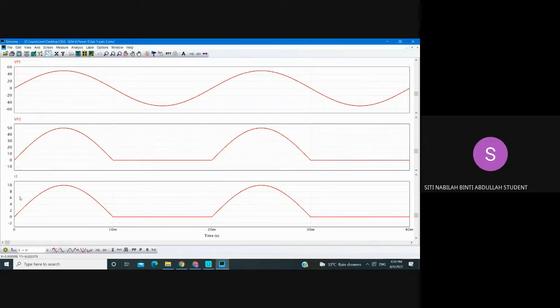Based on the result, for the voltage at the load and the current, the cut off time is the same, which is from 10 milliseconds to 20 milliseconds. Meanwhile, for the voltage at the source, there is no cut off time. Show the circuit again.